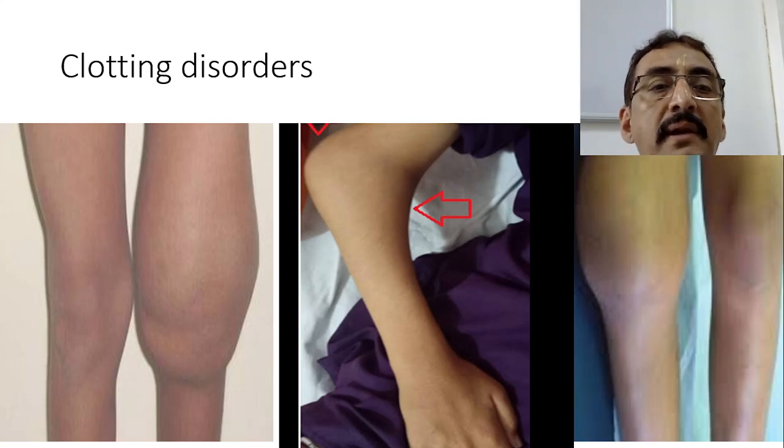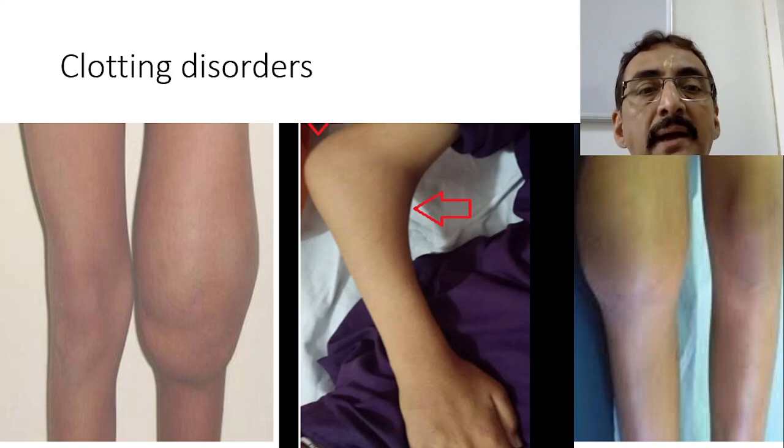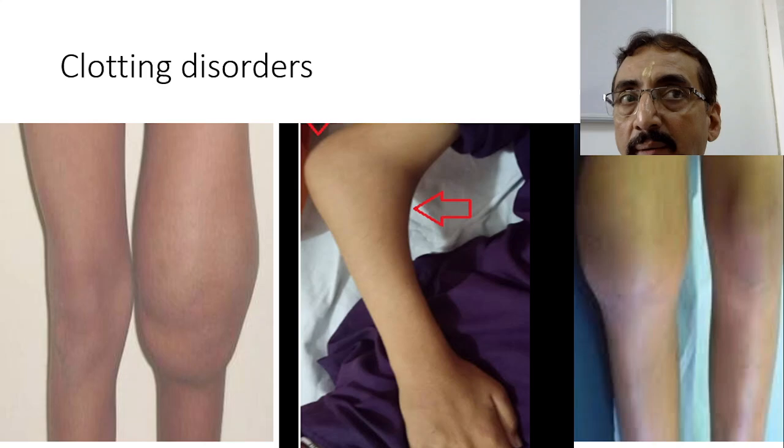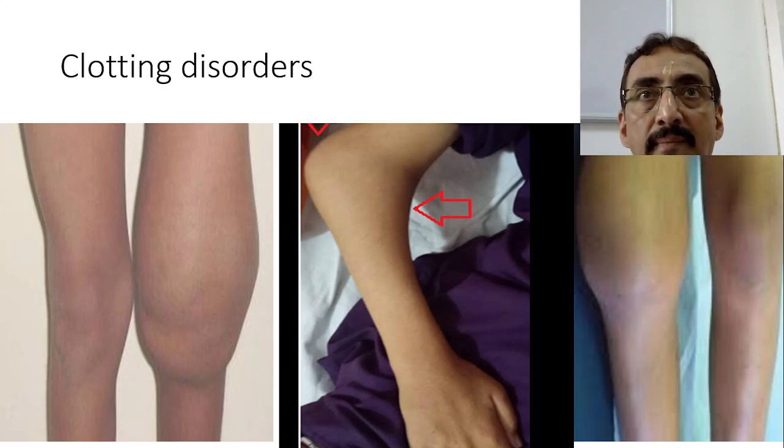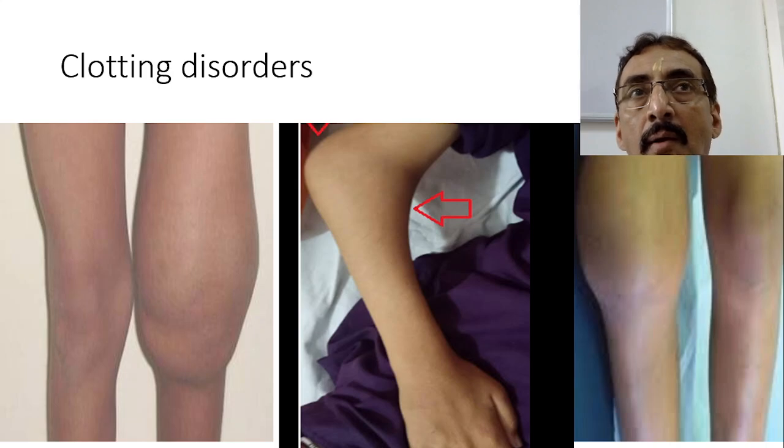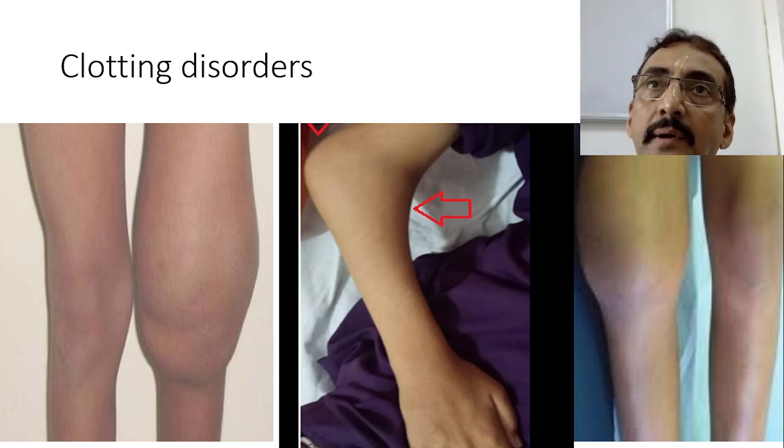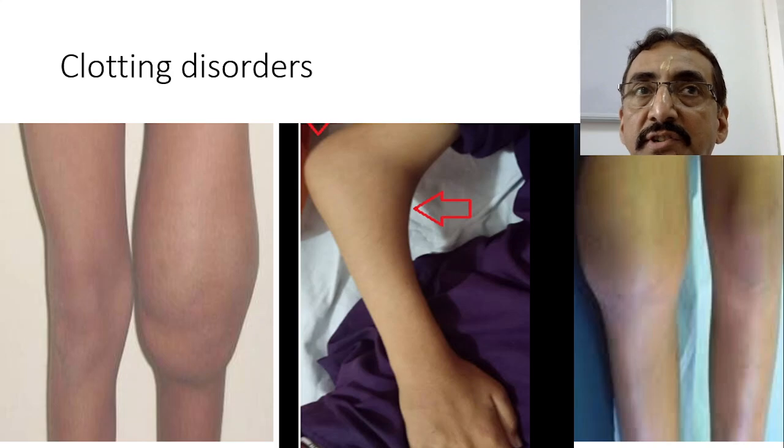Probably that child had an injury to the knee joint 3 or 4 days back. Then slowly fluid collects because of the clotting factor deficiency. Clotting factors are not able to stabilize the hemostatic plug, and as a result the bleeding is on. Although a temporary plug is formed, the bleeding continues because it is not strengthened.